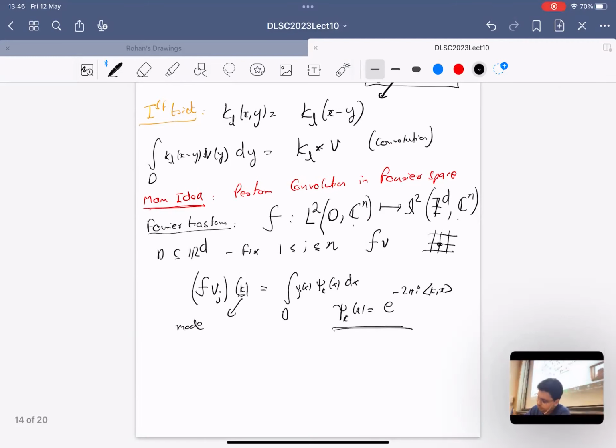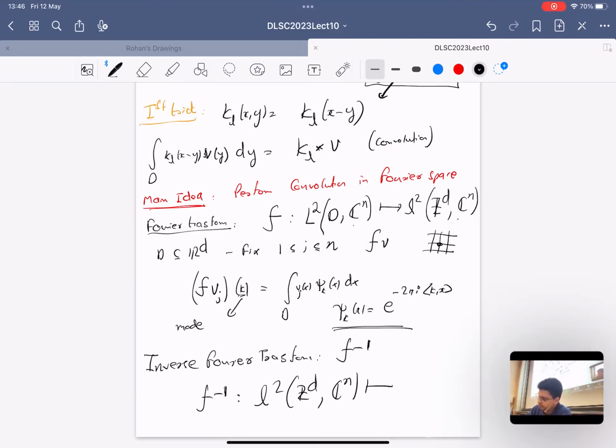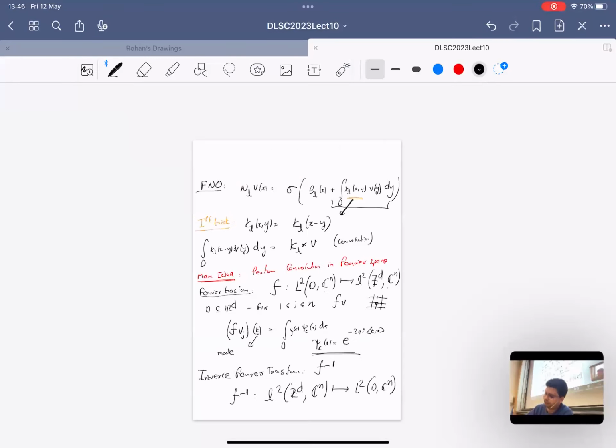The inverse Fourier transform recollects it from the harmonics, right? I will call it F inverse. Now this is a mapping from the lattice, with complex dimension C^N, to L2 of D, C^N. And it's just the other way around essentially, right?